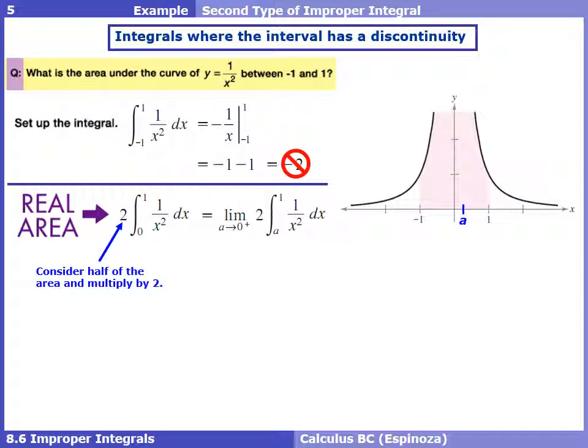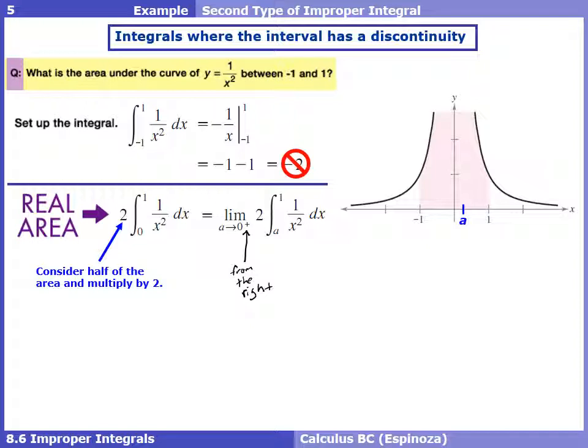And what we want to do is let that a approach 0. In other words, we want to take the limit as a approaches 0, and be careful, it's been a while since we've seen this. When there's a little plus sign right there, we're saying we're approaching 0 from the right. We haven't seen that notation in a while for limits, but that's what it's saying.